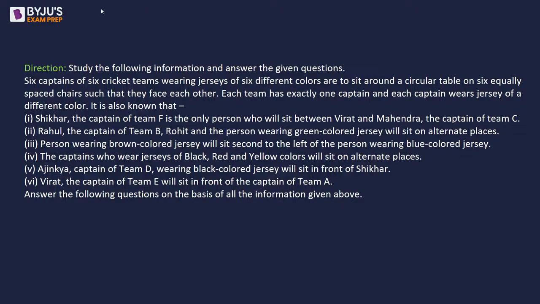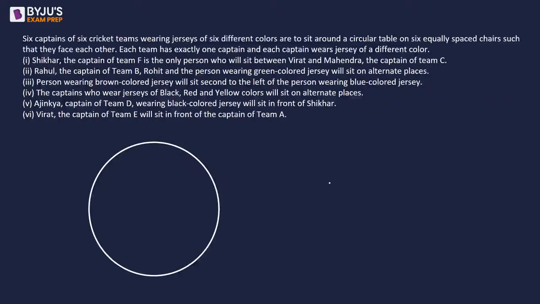We need 6 people to be seated. The 6 people to be seated should be placed something like this so that they are facing each other and they are equidistant, right?